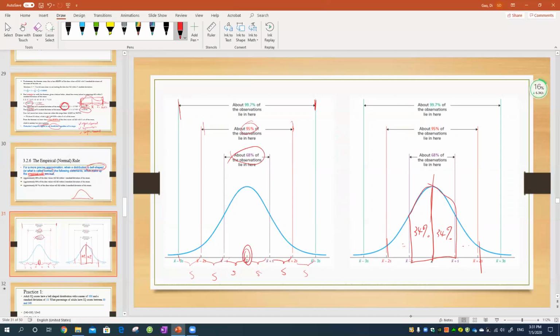Because it's symmetric, this area on the left equals the right one. So 27 divided by 2 is 13.5% for this area.